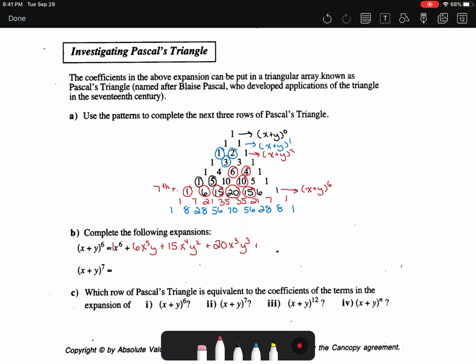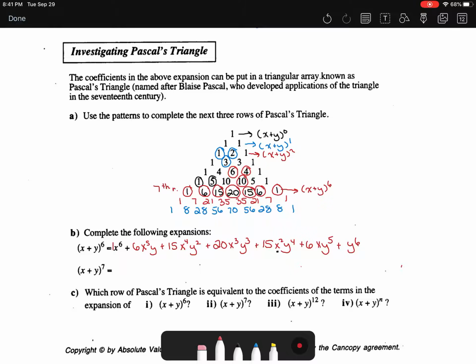Okay, then another 15, so 15, x squared, y to the 4th, then plus the 6, this will be x, y to the exponent of 5, and then finally that last one, so plus 1, and then no more x's, or x to the exponent of 0, and y to the exponent of 6. And there you go. That's what the end expression would be when I expand x plus y to the exponent of 6.